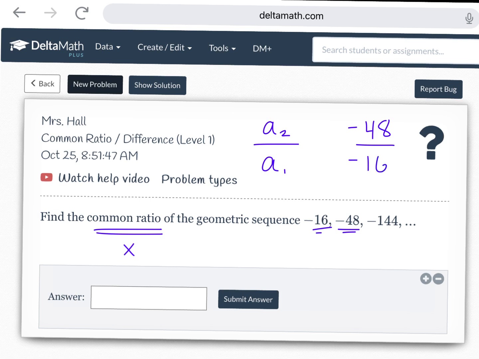All right? And that is a 3, so that means I am multiplying by 3 every time, so I'm going to put a 3 in that blank. So you've just got to read every time and know whether it says common ratio, multiplication, or common difference, addition.